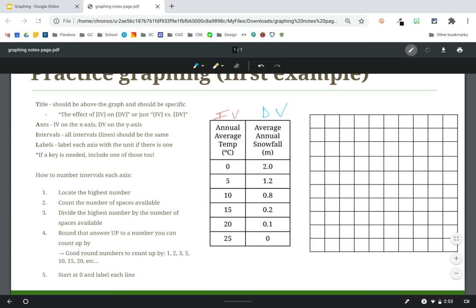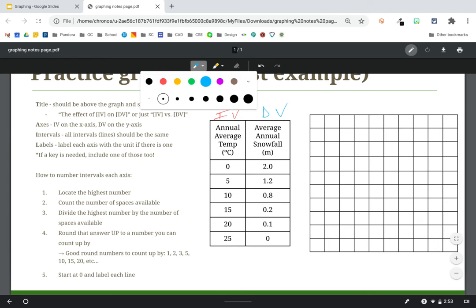So if we follow through all of our different steps, the first thing that we need to do is write a title on our graph.